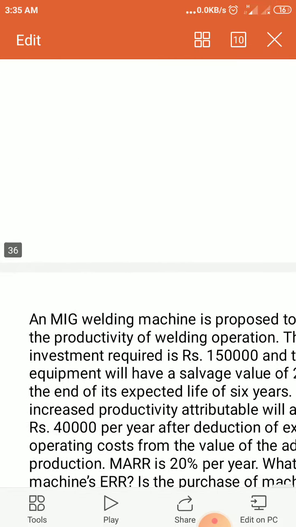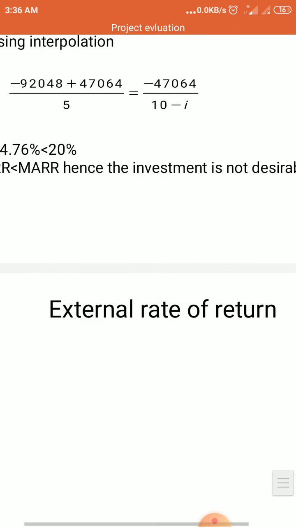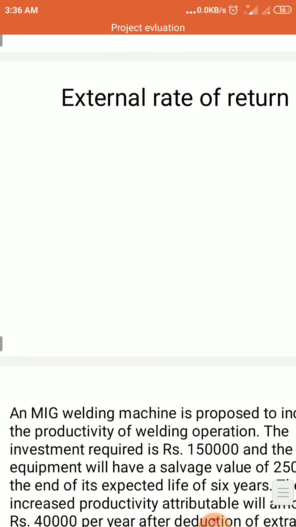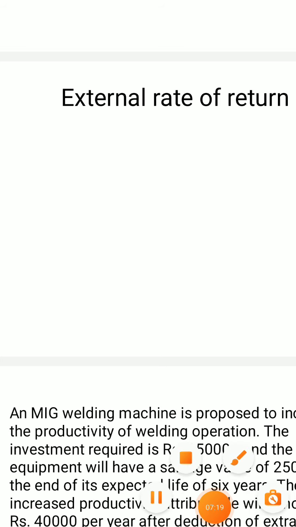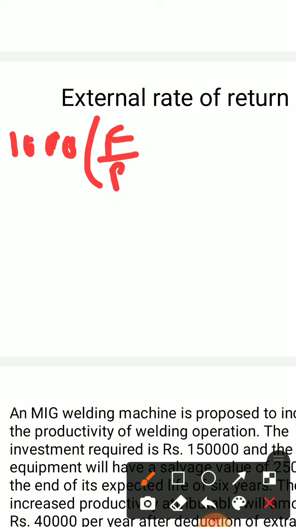For this consideration we write the equation like this. So 1,000 we will get initially, and this 1,000 will be invested for 2 years with interest rate 25%, for a period of year 2.